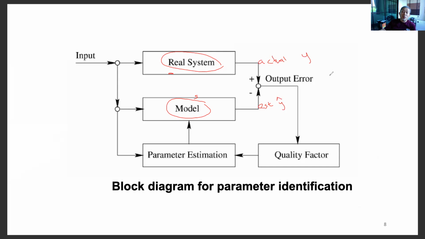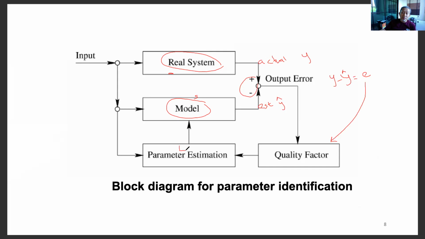So y and y cap will be compared, positive and negative, and you will produce an error, and this error must be as small as possible because it provides a quality factor for the estimation method that we use.